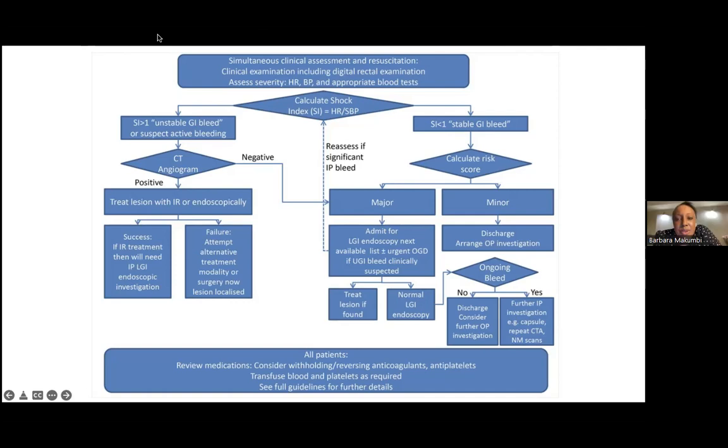So in terms of a role for urgent CT angiogram, in a very unstable patient with a massive bleed, it was suggested to do the urgent CT angiogram in preparation for a possible embolization in an angiogram suite via catheter angio. Okay.